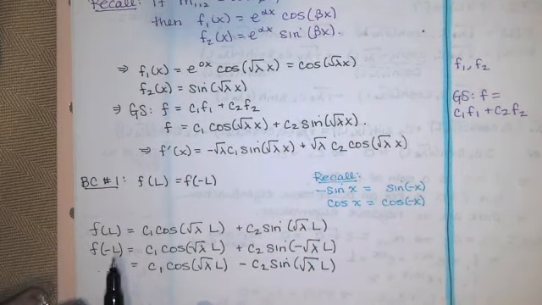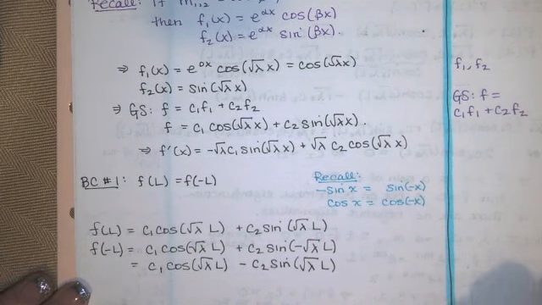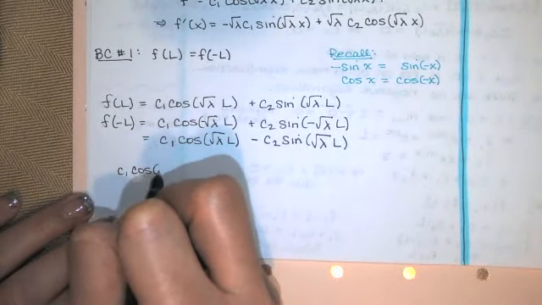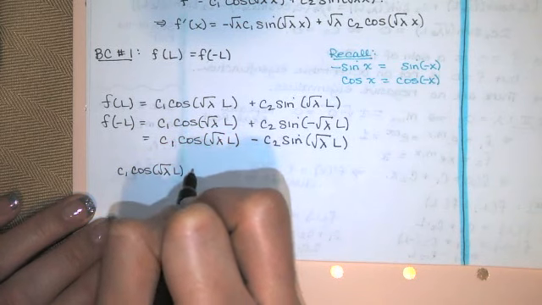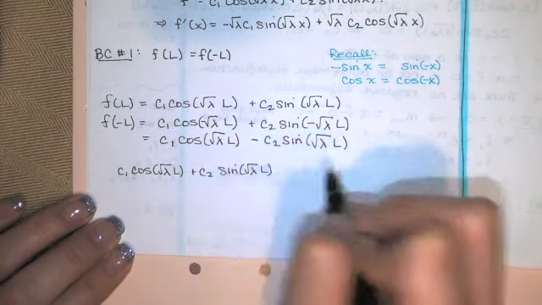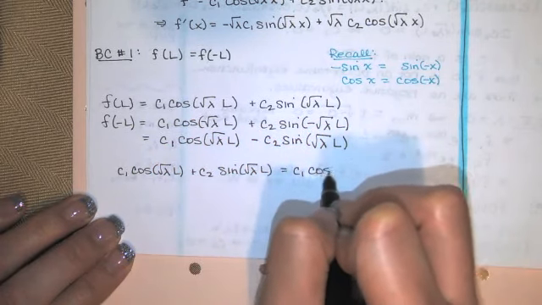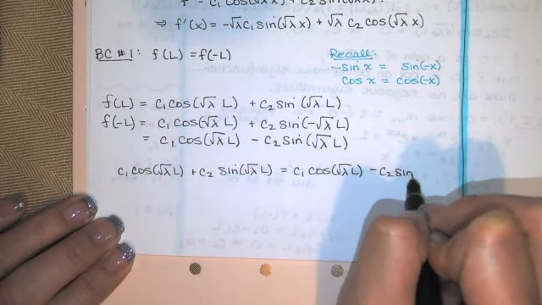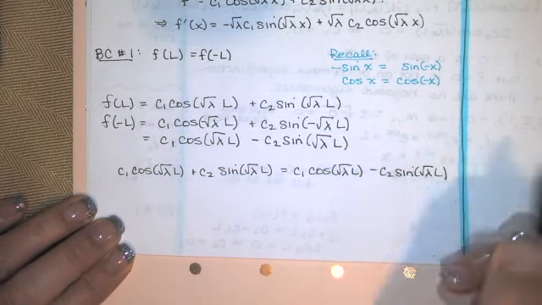Okay, so we've got f of L and f of negative L, and they have to be equal to each other. So I'll set this equal to this. Again, the algebra is so simple that you may do a lot of this in your head, and I highly recommend doing that. I show these steps for people that need them, and I know that not everybody needs them.